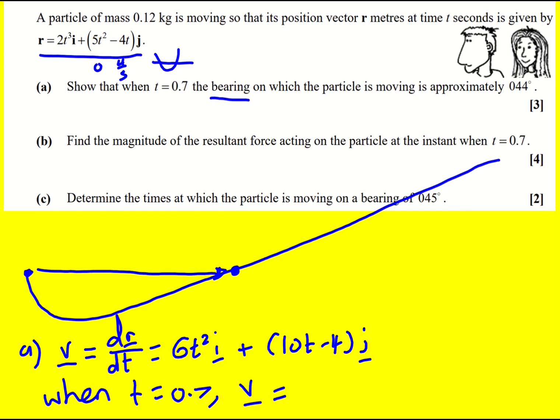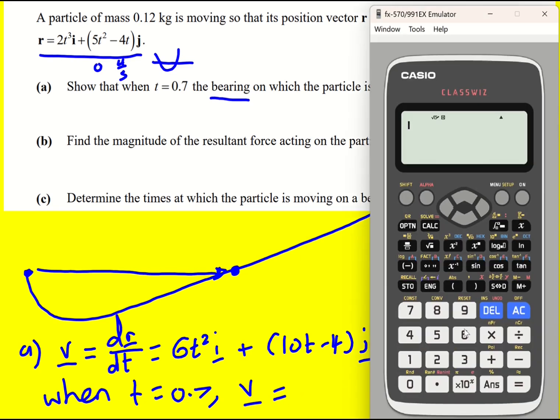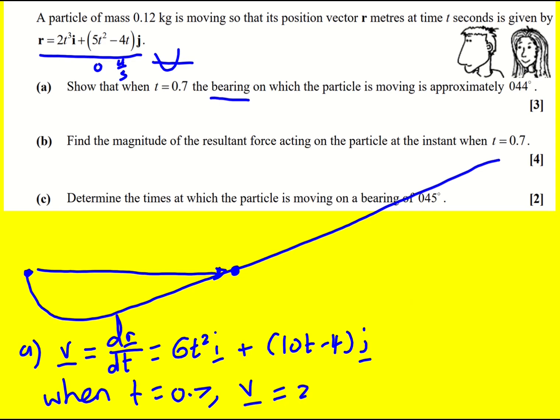So I can just substitute in: 6 times 0.7 squared gives 2.94. And then put 0.7 in here. I'm going to get 7 minus 4, I'm going to get 3. So that is going to be my velocity vector.